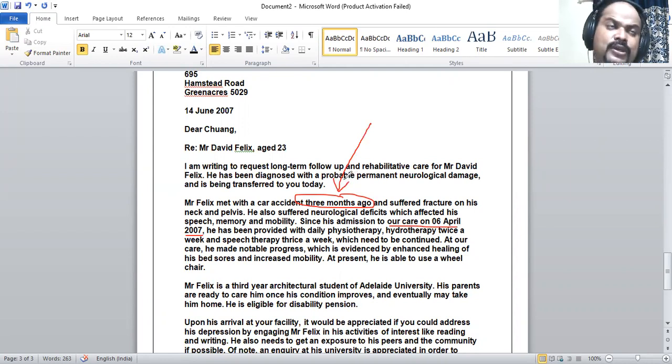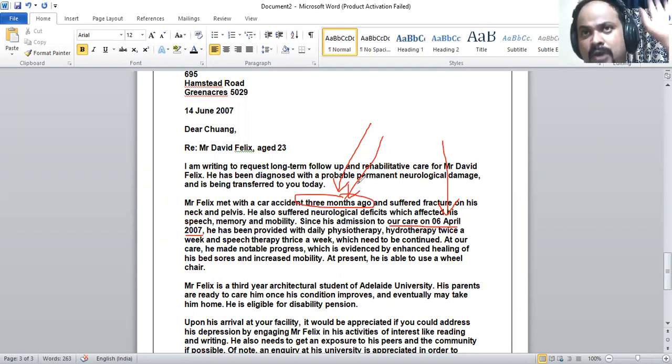He has got treatment from some other hospital, that's Royal Adelaide Hospital. So that's why we have written this time frame separate and this time frame separate. Please note, this is a time frame which happened somewhere.